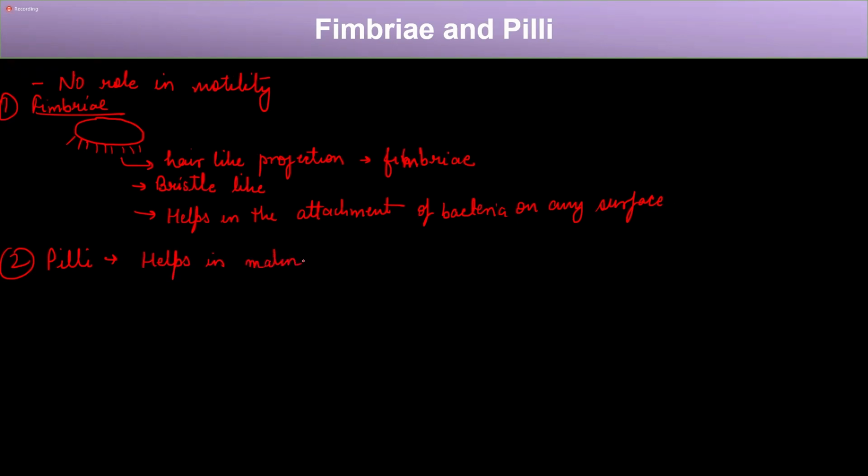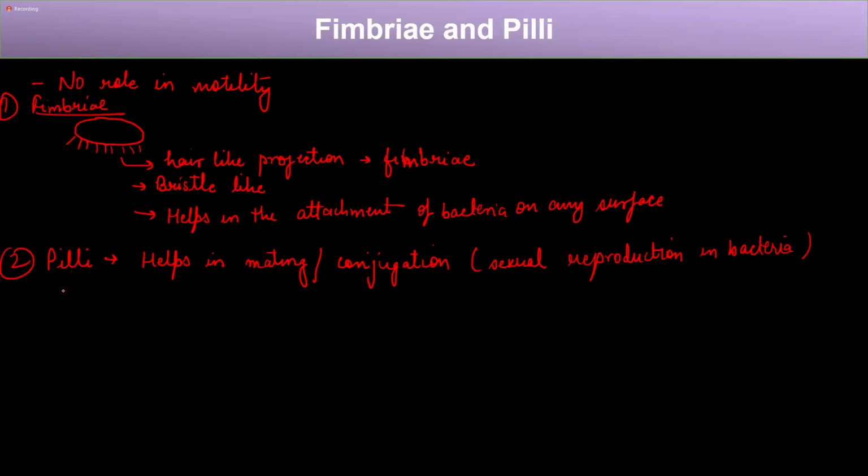In bacteria, as we will study in further classes, there is only one type of sexual reproduction or mating, that is called conjugation. So you can say that the pili helps in conjugation, and conjugation is a type of sexual reproduction in bacteria. So pili is responsible for sexual reproduction.